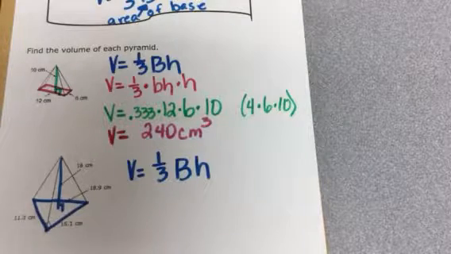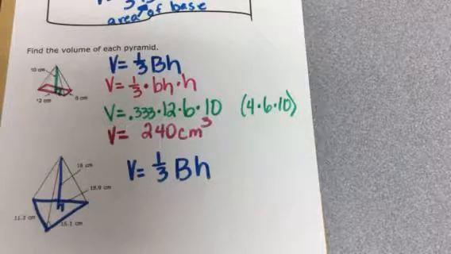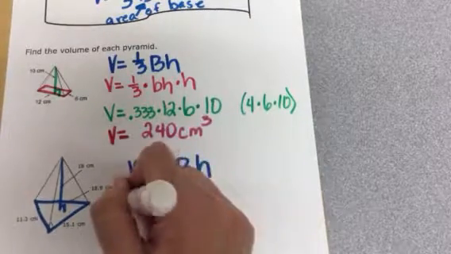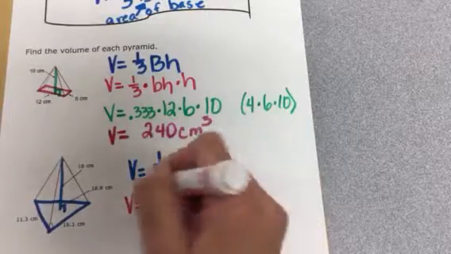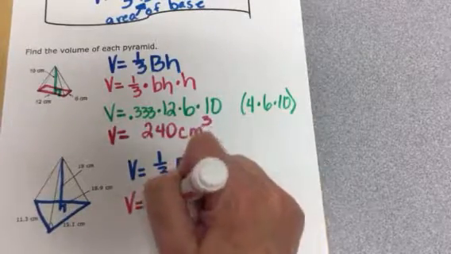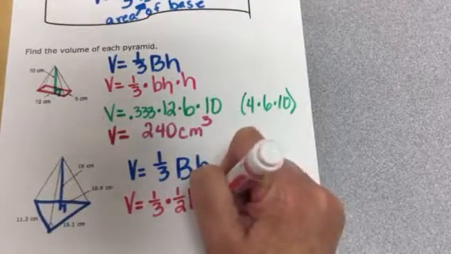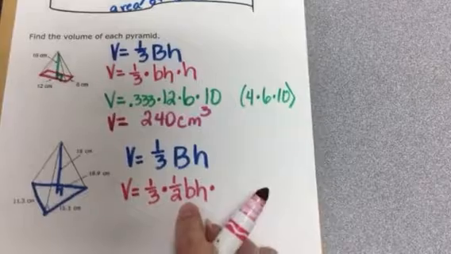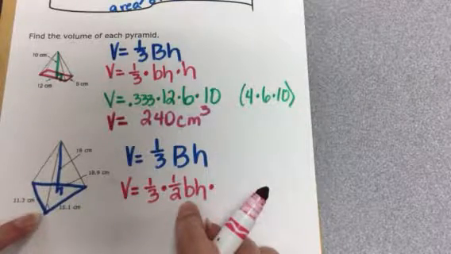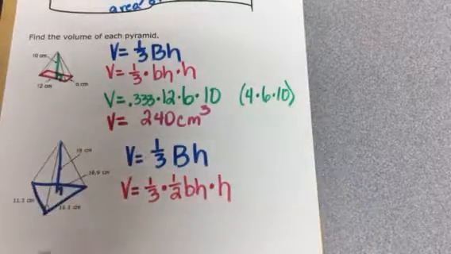Now, don't forget your 1/3 and don't forget what shape your base is in, because your base is in the shape of a triangle. Formula for the area of a triangle is 1/2 base times height. That is the formula for the area of a triangle. Your base is in the shape of a triangle, and then times the height of the whole figure.